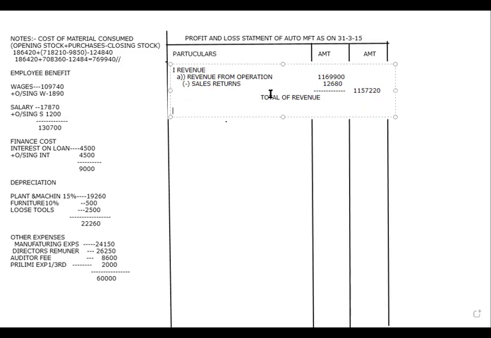Then I'm going to take expenditures. So here we are going to minus expenditure. So in this expenditure again what comes first, we take C here. So here we don't have anything. We don't have any B.